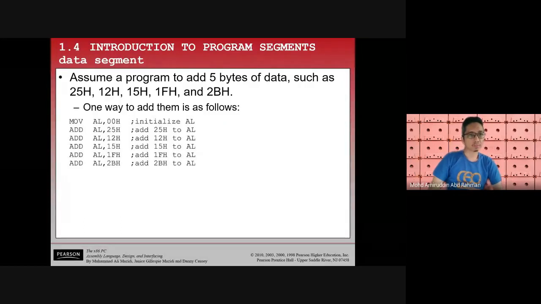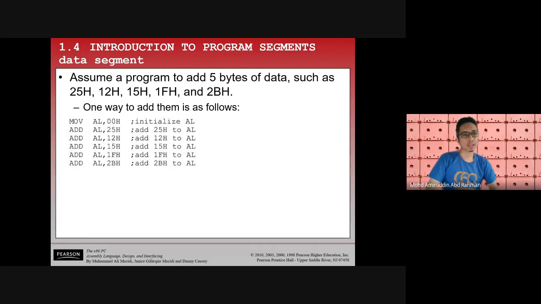Assume that we have a program to add 5 bytes of data, such as we want to add 25, 12, 15, 1F, and 2B. One way to add them is like this. First we initialize our AL, so AL will be 0, and then we add 25 to AL.